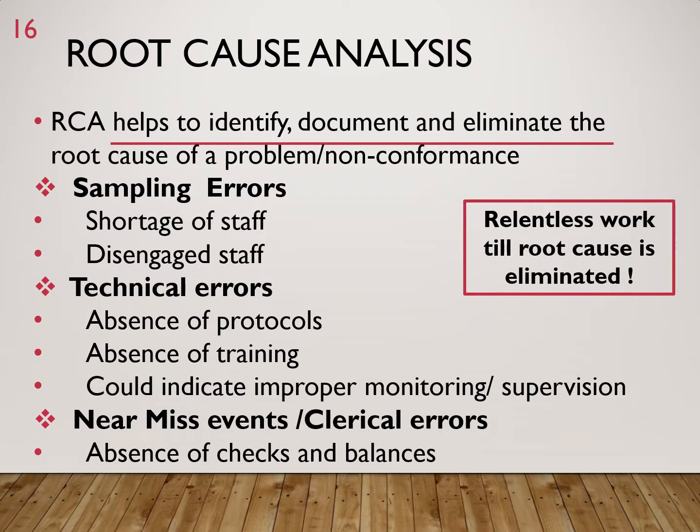Technical errors while testing could be due to absence of protocols, absence of training, or could indicate improper monitoring or supervision. Near-miss events or clerical errors could be due to absence of checks and balances. Once the root cause is identified, relentless work is needed to eliminate it.